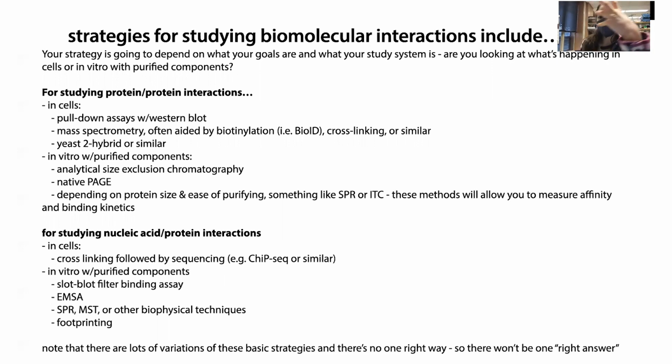So it's important to recognize that there are benefits to studying things in cells and in organisms, but there are also benefits in studying them in vitro, where you have more control and you can get at more granular mechanistic details. But sometimes if you're looking too narrowly, you're missing the bigger picture.